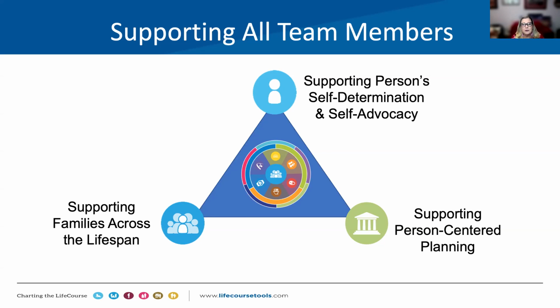And so you've got the person, and we want to support their self-determination and self-advocacy. We want to support the families across the lifespan in their different roles. But we also want to support person-centered planning and supporters of people, whether it's direct support, or the people who provide case coordination and those types of things. So how can they all use Charting the LifeCourse in supporting that person to have a good life?